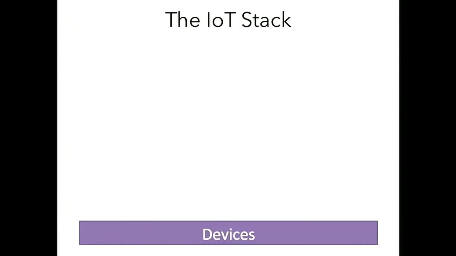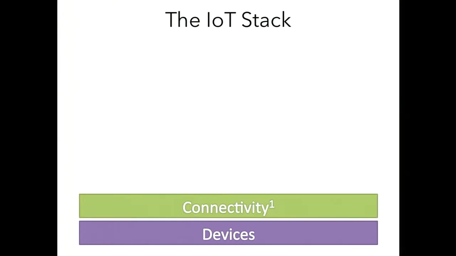So let's look at the IoT stack, and this technology stack is very similar to anything you might see elsewhere, but there's a couple of tweaks that are in mind that are based on just what I've experienced in the real world. Obviously, we start at devices at the bottom, and this is everything. This is sensors, this is legacy systems, doesn't matter. And immediately above that is what I call connectivity 1. This type of connectivity is generally not TCP/IP.